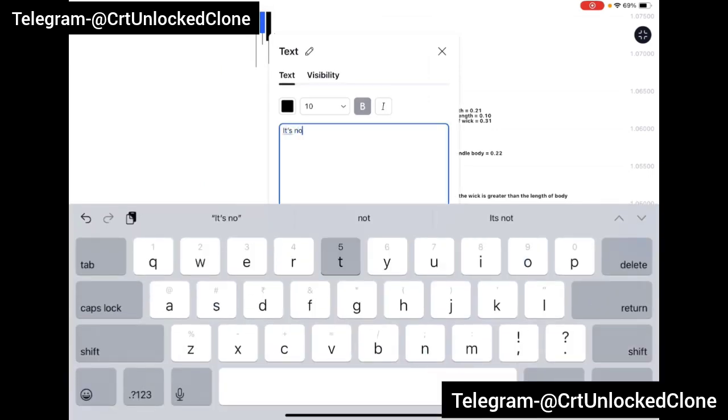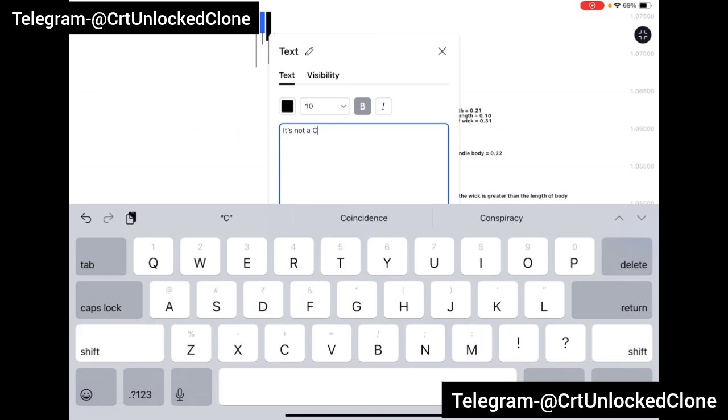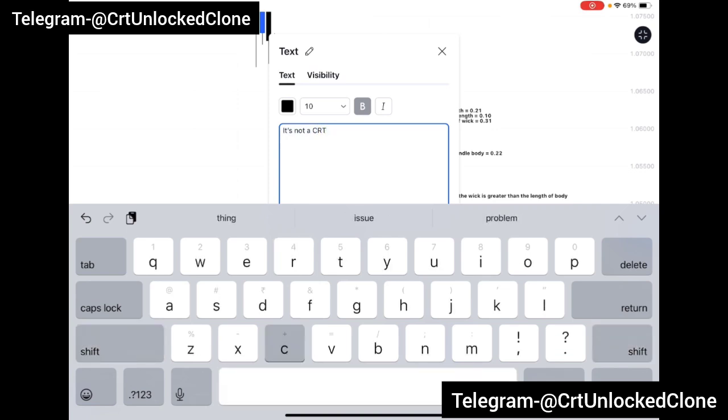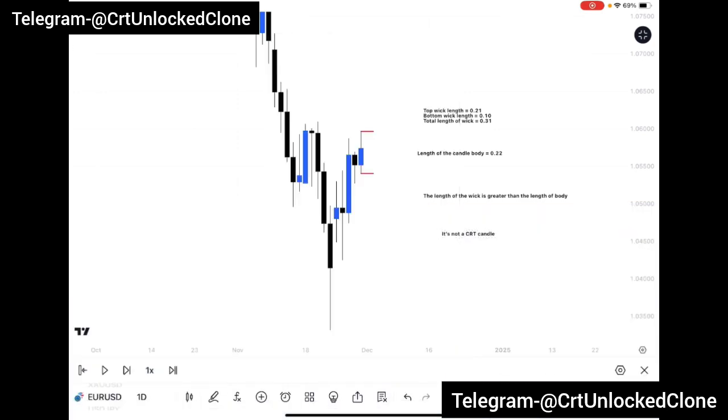This candle is not a CRT candle because the total length of wick is 0.31 and the length of the body is 0.22. So the length of the wick is greater than the length of the body of this candle, so it's not a CRT candle.